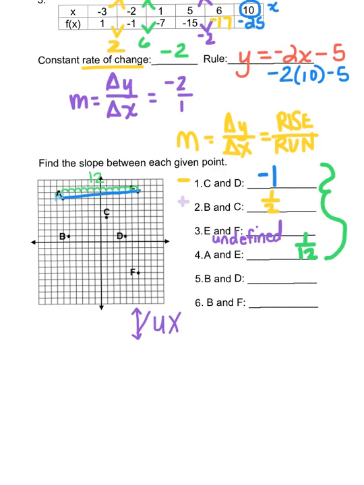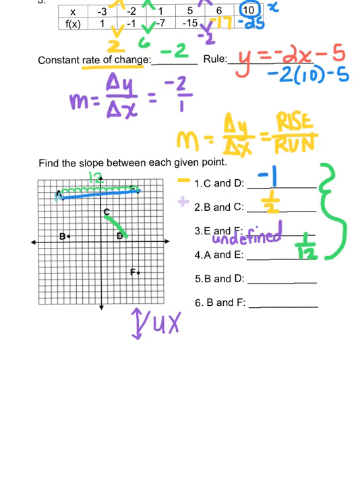The steepness can be seen by looking at the greater absolute value. The line going through C and D is much steeper than the line going through A and E. And you can see that it is a -1. So look for the greatest absolute value, and that will lead you to your steepest slope.